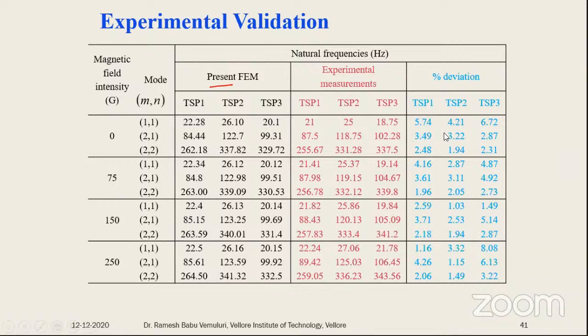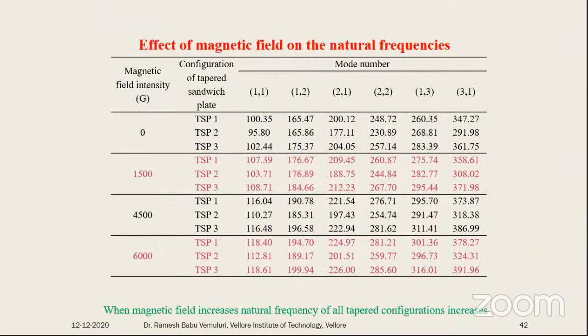You can observe the deviation is normally more at the first natural frequency. Now the effect of magnetic field on the natural frequencies. I took various parametric studies, increasing the magnetic field, and how the natural frequencies are increasing for all three different combinations.